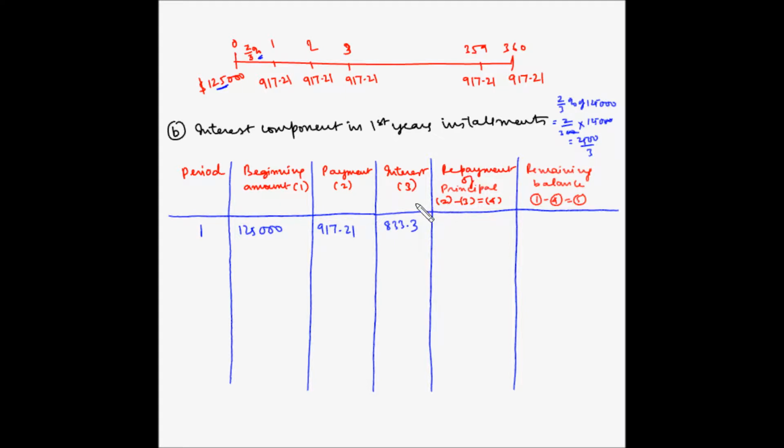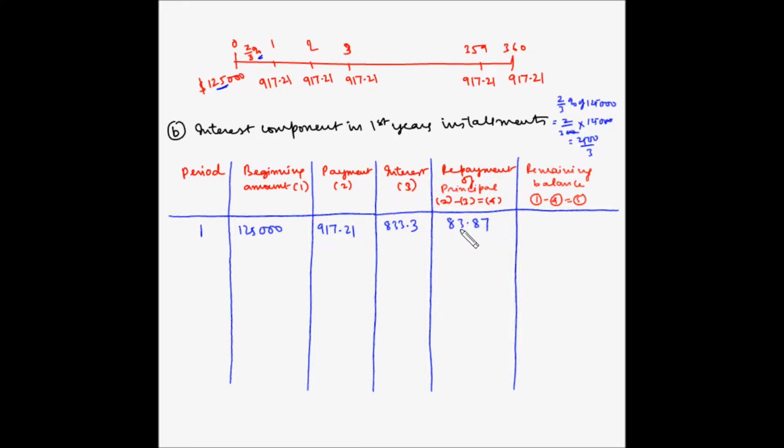Now, if out of 917.21, 833.3 is interest, then the remaining is the principal. So 917.21 minus 833.3. So this comes out to be 83.87.